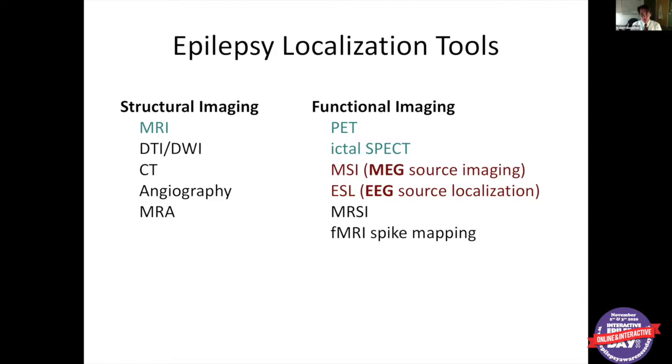Ictal-SPECT specifically means for seizures; ictal just means during a seizure. But SPECT scans are used for all types of diseases, and so are PET scans. Some of their most striking, profound applications are in epilepsy.